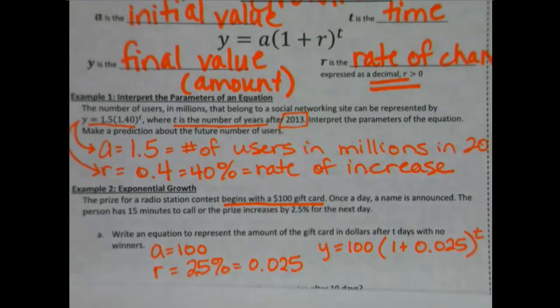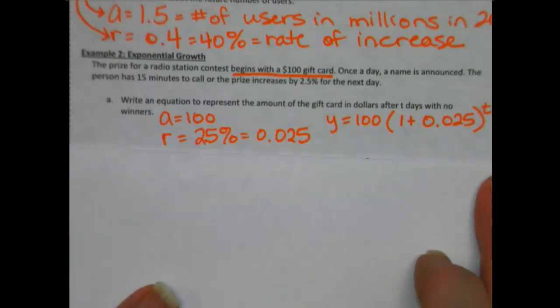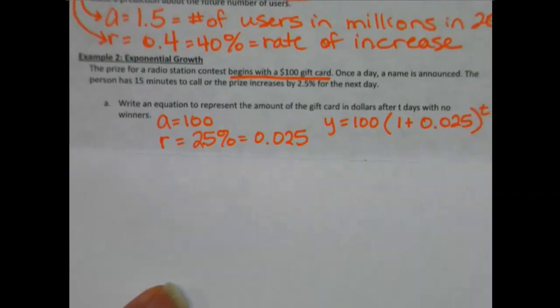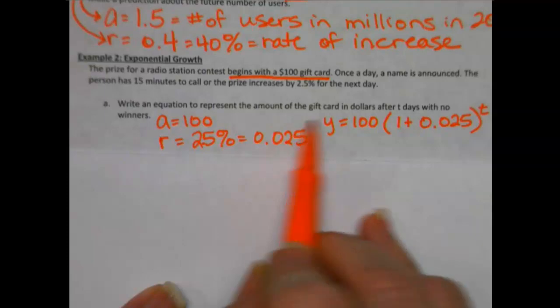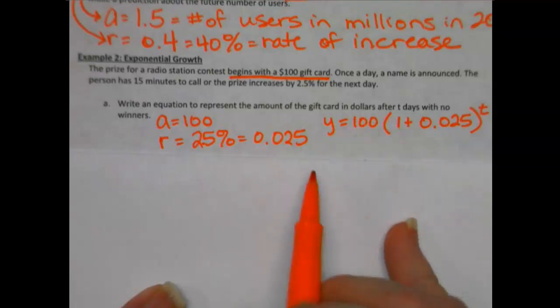Let's look at another example. So in this next one, the prize for a radio station contest begins with a $100 gift card. Once a day, a name is announced. The person has 15 minutes to call, or the prize increases by 2.5% for the next day. So they want an equation to represent the amount of the gift card in dollars after T days with no winner.